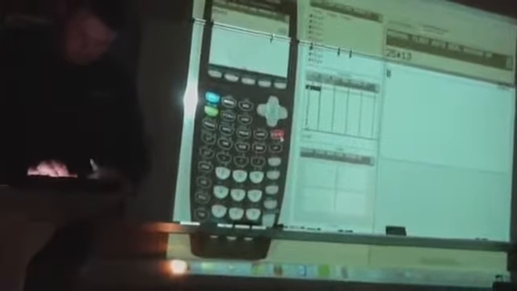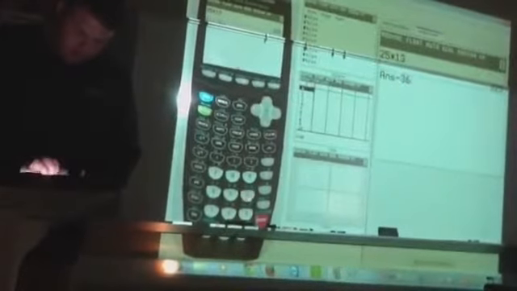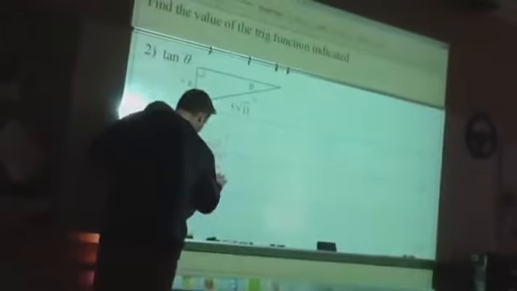And I'm going to subtract 325 minus 36. You get 289. Take the square root of that. You get 17. So B is 17.